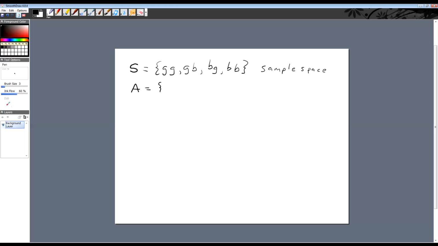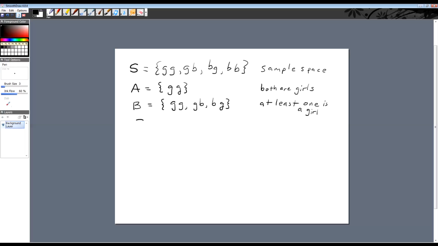Set A is defined as both are girls. Set B is defined as at least one is a girl.